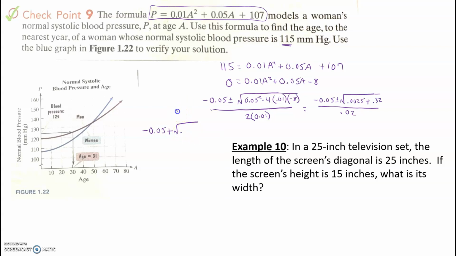Add those up, 0.3225. And you can type that into your calculator, and you should get 25 point something, but we're talking about age, so we'll say they're about 26 years old.